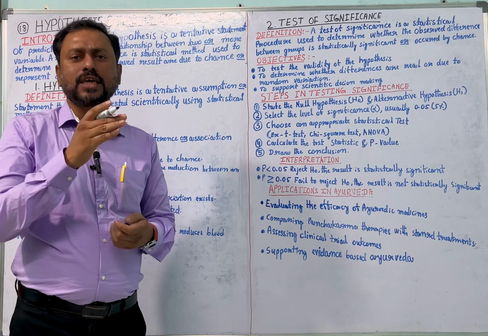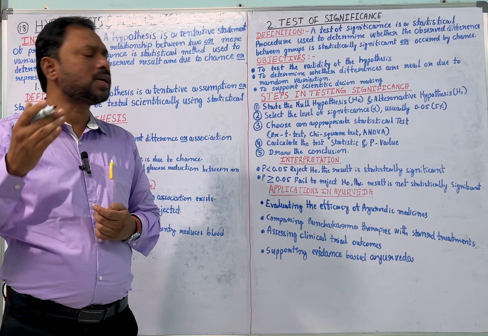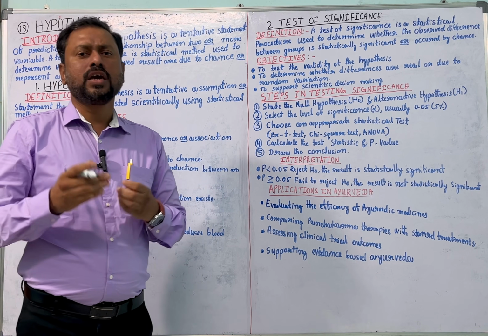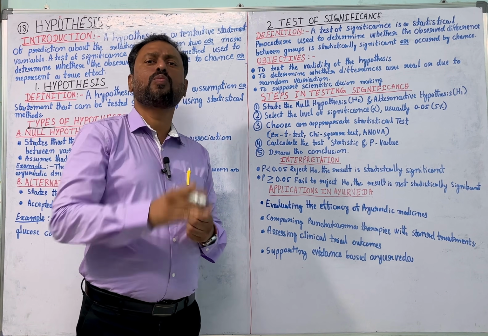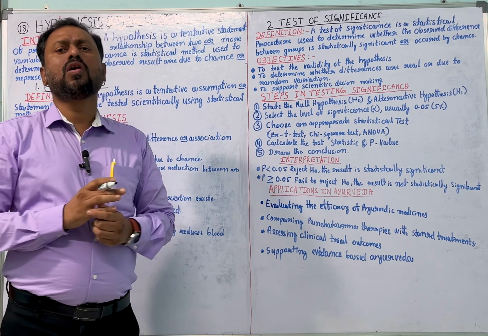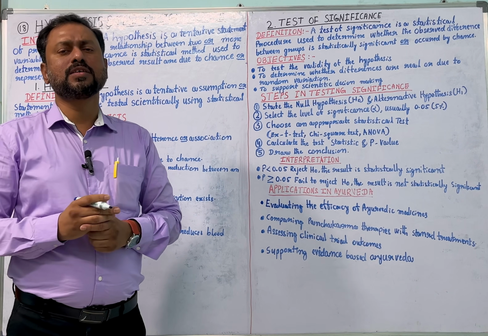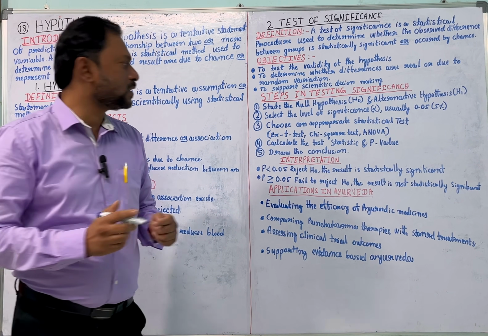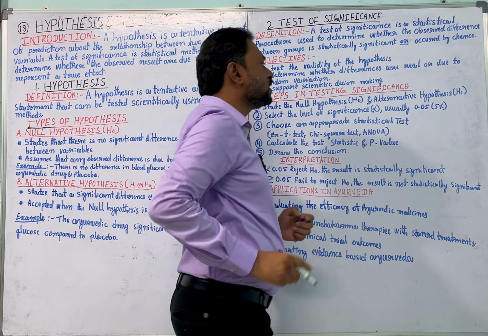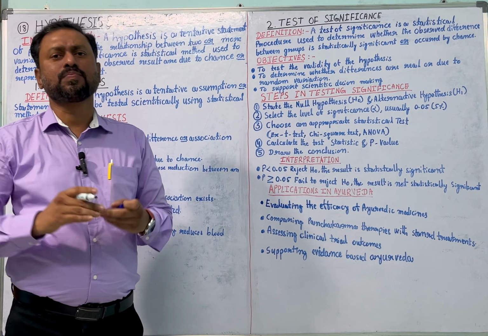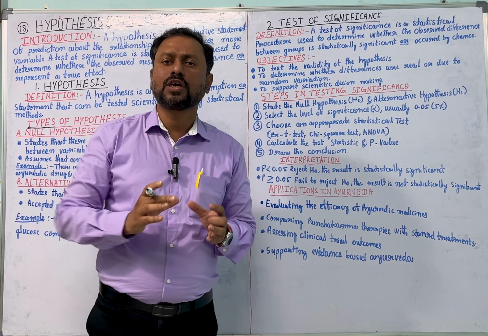Now we will study the steps in the test of significance. There are steps to prove whether the drug is effective or the result is by chance. The first step is the formulation of hypothesis.